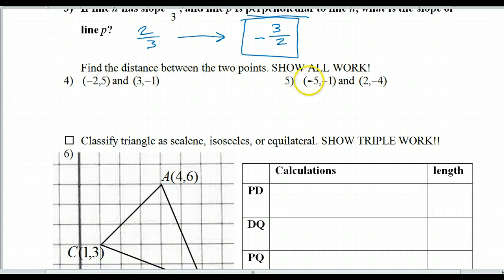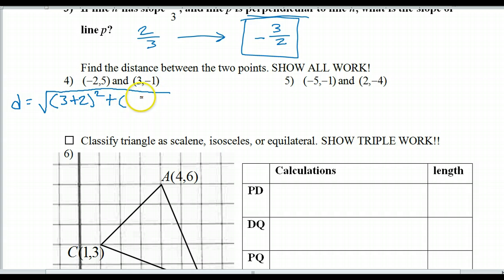Find the distance between the 2 points. So show all work. It really just means to show the setup. So the distance between these 2 points will be the square root of, and we'll do some x minus x. I'm going to do 3 plus 2 squared. Okay, x minus -2 is 3 plus 2.